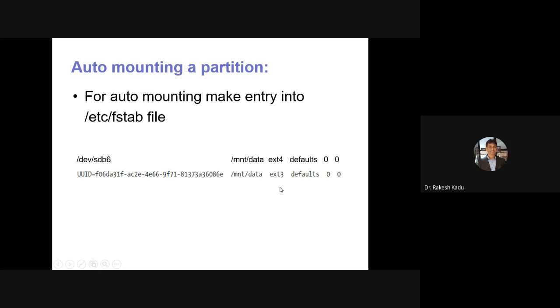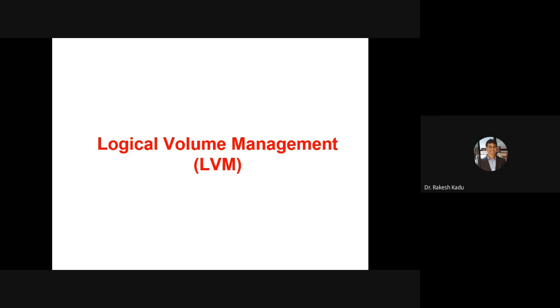So whenever we next boot our system, the partition will be mounted automatically. We discussed these things in more detail in the previous video, so you can refer to it for more detailed information about the disk utility, the mounting process and the file system.